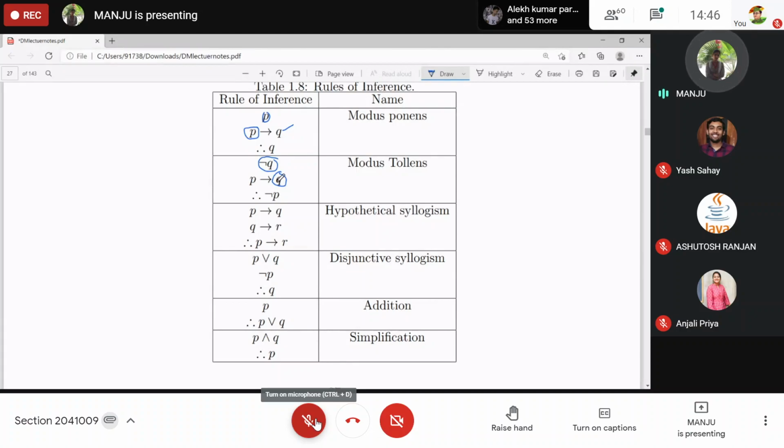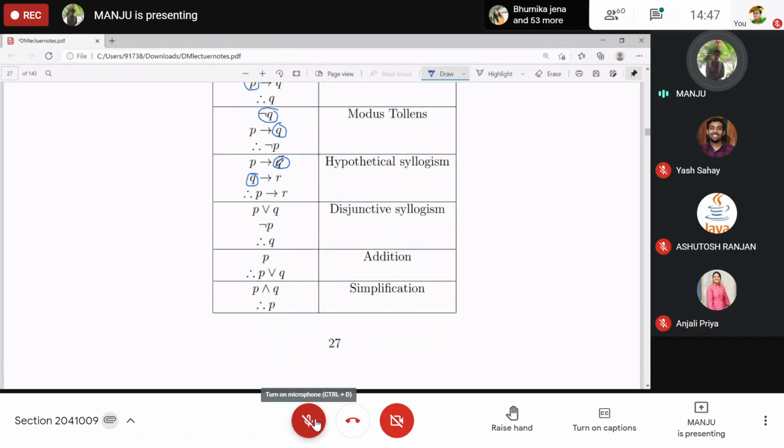This can be P implies negation Q and Q, or you can have anything implies anything. These should be negation of each other. Then the negation of the first thing will be the conclusion. Then you have HS, hypothetical syllogism: P implies Q, Q implies R. The second one's first part is the same as the first one's second part, so these should match.